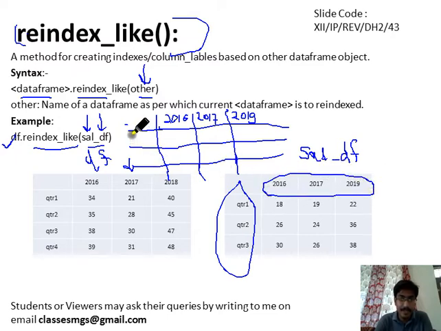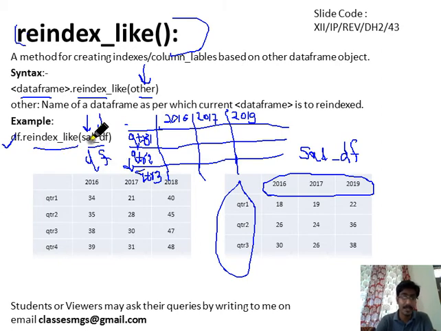Then we will have qtr1, then qtr2, then qtr3. Okay, now the values will be copied from the original data frame.